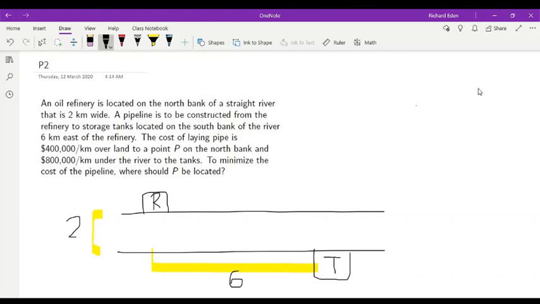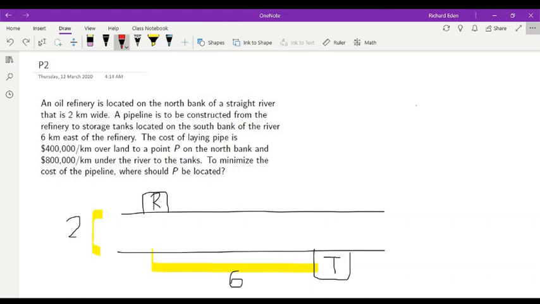So okay, R and T need to be connected by a pipe system. Now if the only consideration is distance, you would connect R and T by a straight segment. However, that's going to be entirely underwater, and each kilometer underwater is, as the problem says, twice as expensive as per kilometer over land.